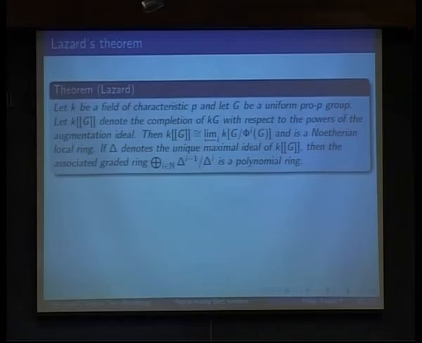And if its maximal ideal is delta, then you can form the associated graded ring, and this associated graded ring happens to be a polynomial ring.